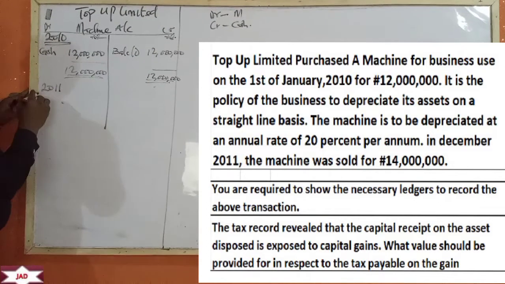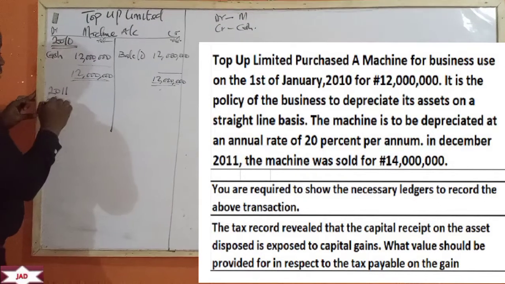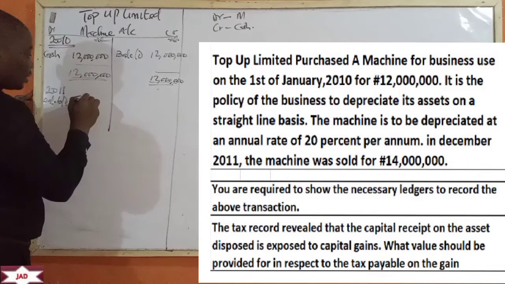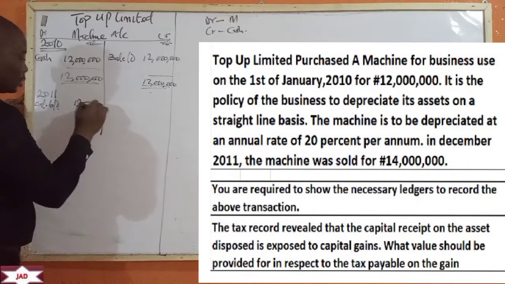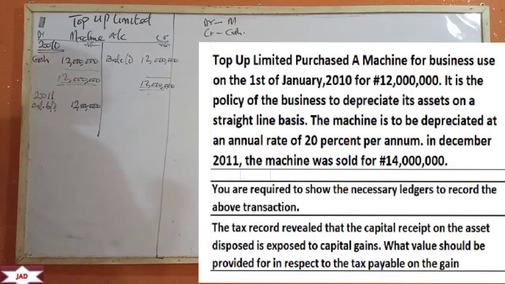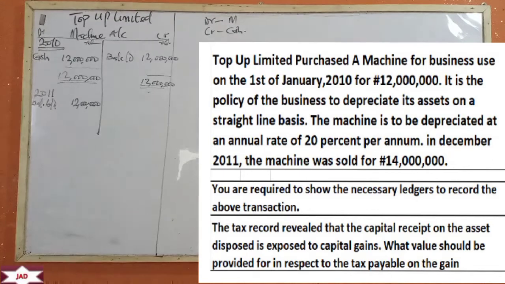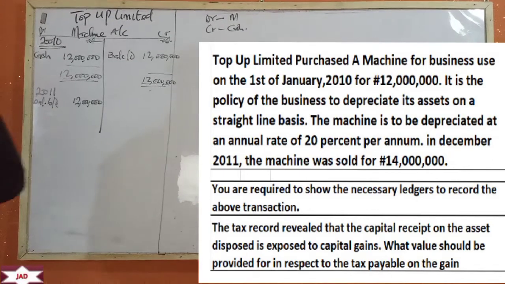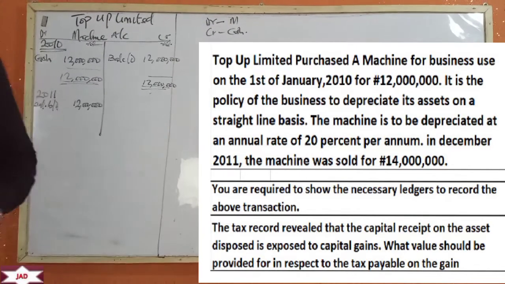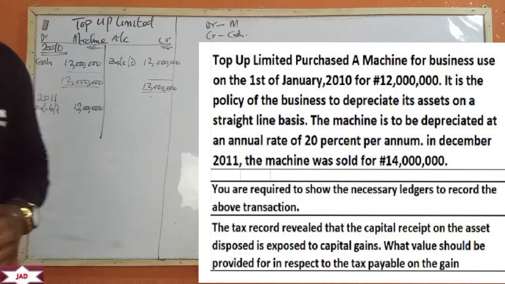Of course, you're still going to have a balance brought down, which is the cost of 12 million. Right? But they're not telling us that it was disposed, or it was sold by the end of 2011.